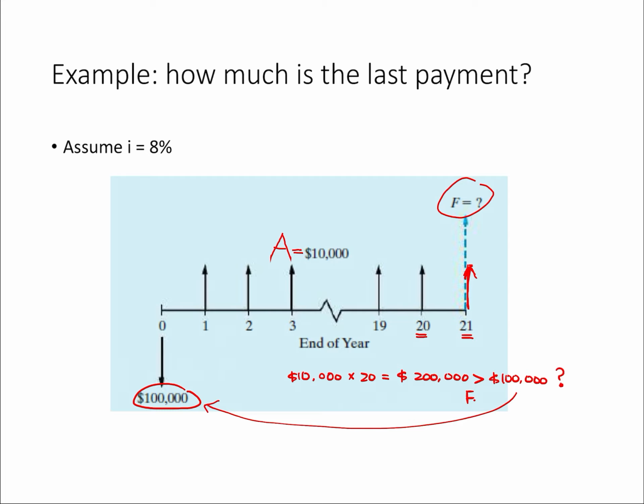Well, this is not true, because it is not just simply 10,000 times 20. You have an interest rate of 8% going on there. So at the end of the first year, your 10,000 is already not 10,000 at time 0. It's smaller.